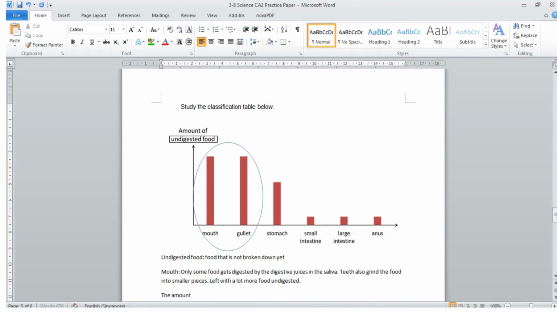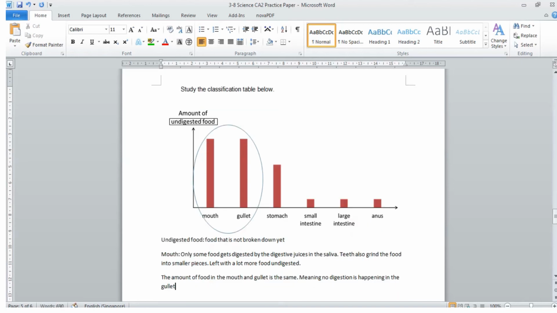The amount of food in the mouth and gullet is the same. This would mean that there is no digestion happening in the gullet, which is true, right?